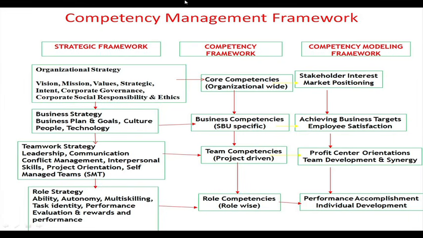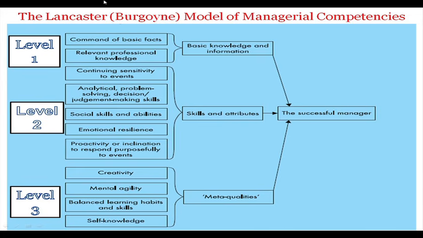So this competency framework talks about competency at 3 levels: strategic level, and then how this leads to certain goals and objectives for the individual, team as well as organizations.